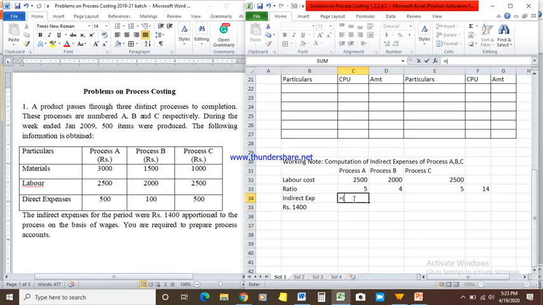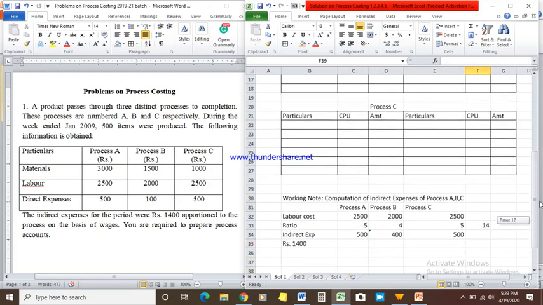I will compute the share of this. So 5 divided by 14 multiplied by 1400 comes to 500. Then 4 divided by 14 into 1400 is 400. And 5 divided by 14 into 1400 is 500. So the indirect expense of each of the processes, that also we have computed.